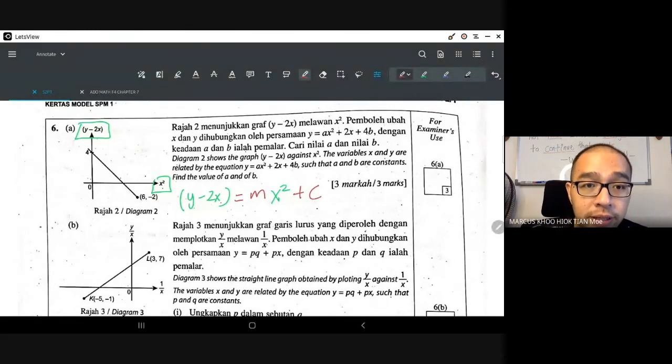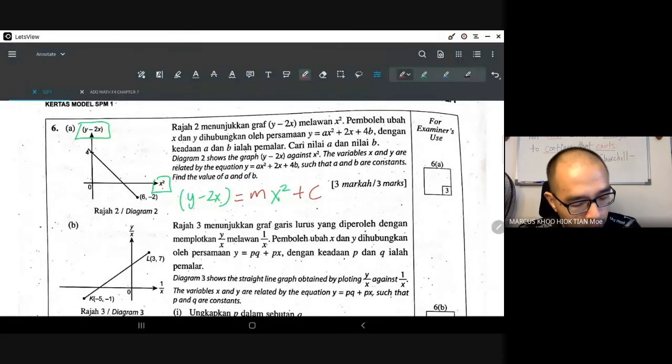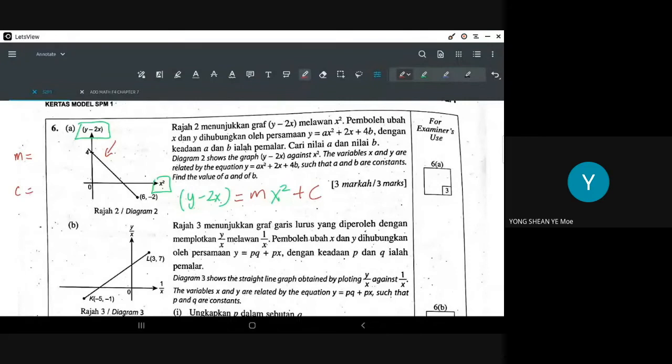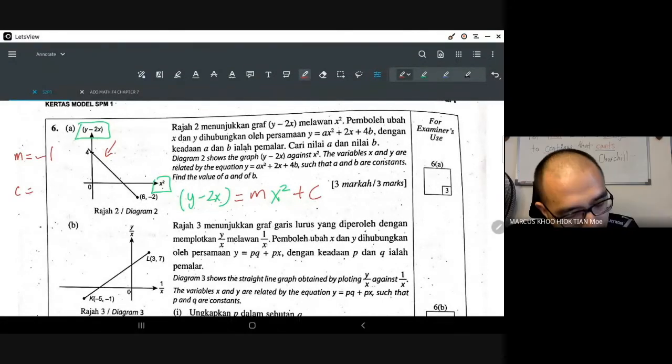Let's do that first. Can somebody find for me the gradient and the y-intercept in this graph? The gradient is -1, the y-intercept is 4.